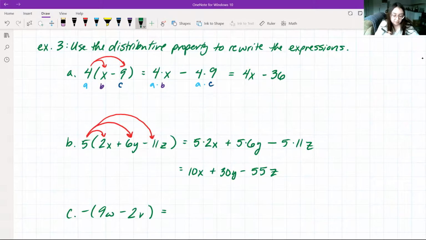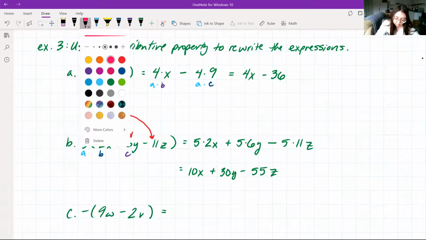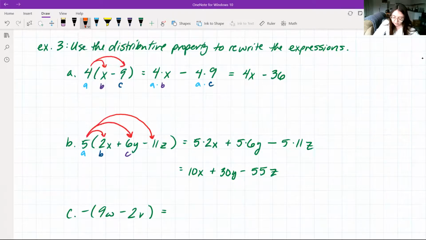We can also label all of our numbers here. 5 is A, 2 is B, 6 is C. And let's pick up one more color here, say orange. And 11 is going to be D. Then we see here that we did separate these out.